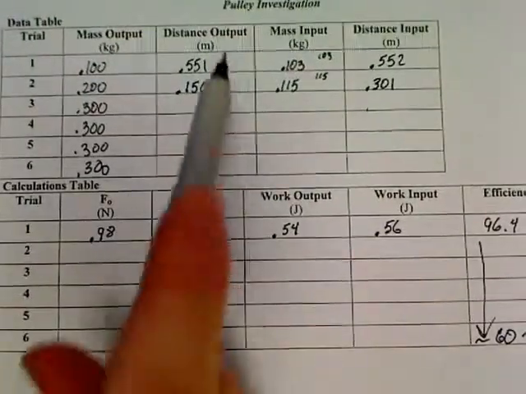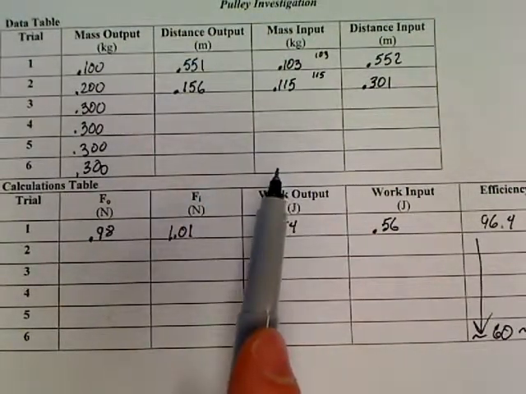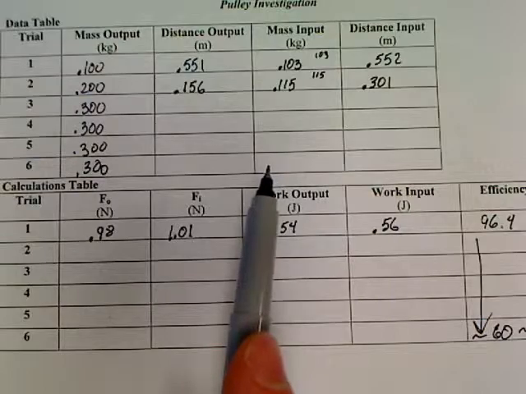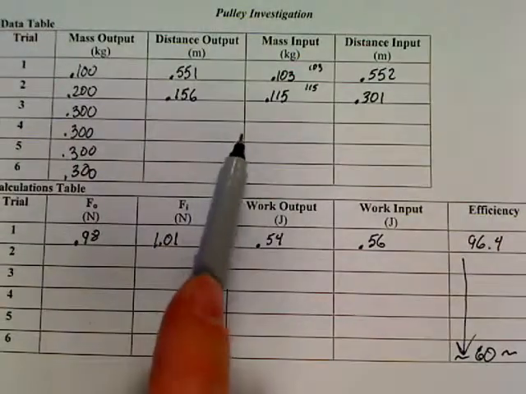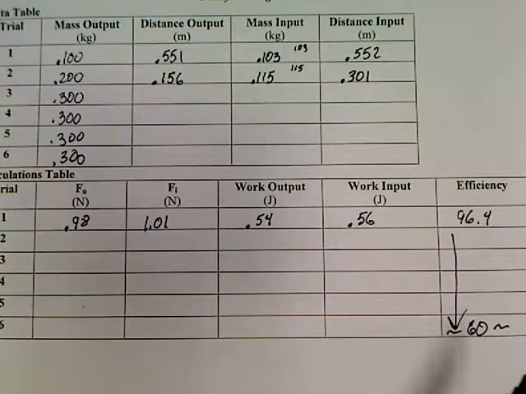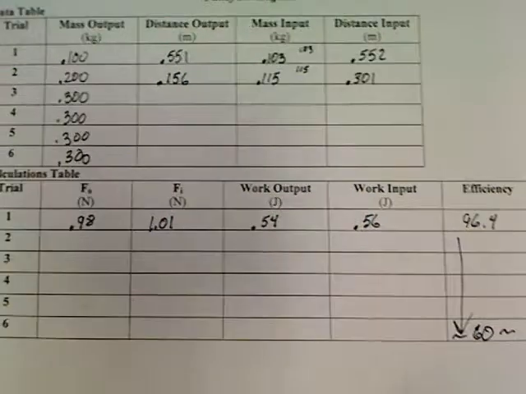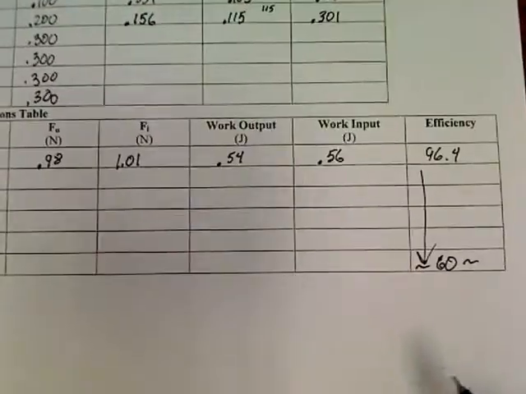Now you will also notice though, you actually use less force, so it gets easier and easier to lift. So one of the things that would be neat if you could figure out is, why does it get easier to lift, but why does the efficiency of the system actually go down as you add more pulleys? So anyway, that's how you'll get all the calculations.